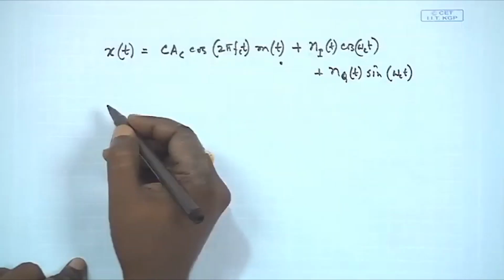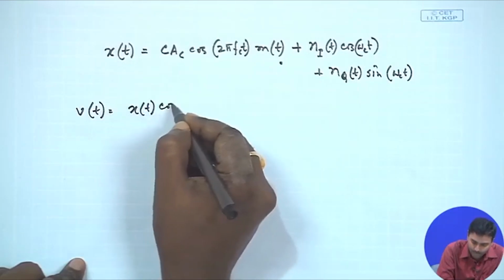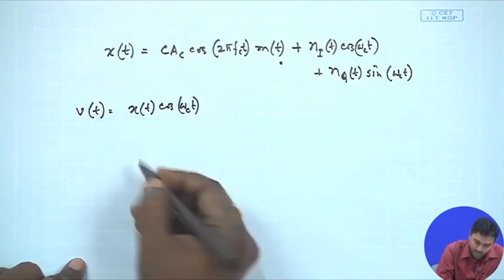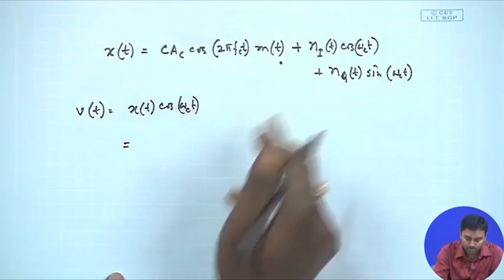Let us say that output is v(t), which is nothing but x(t) multiplied by cos 2 pi f_c t.